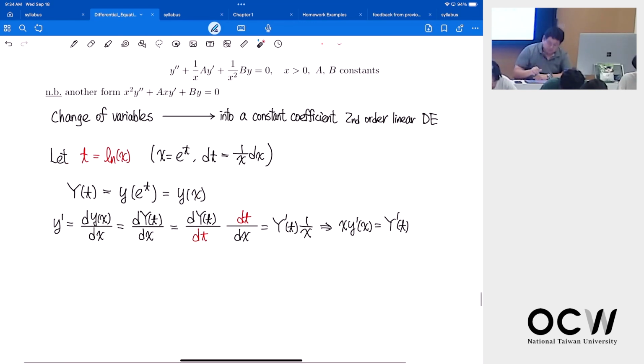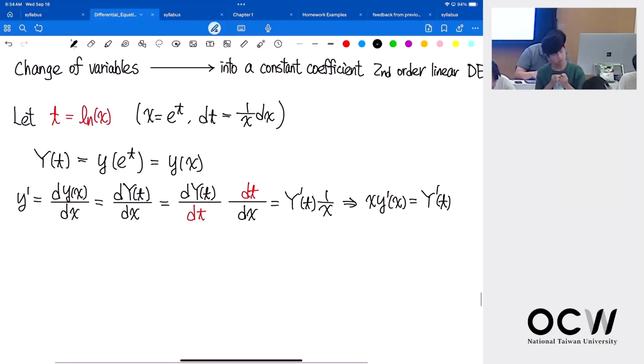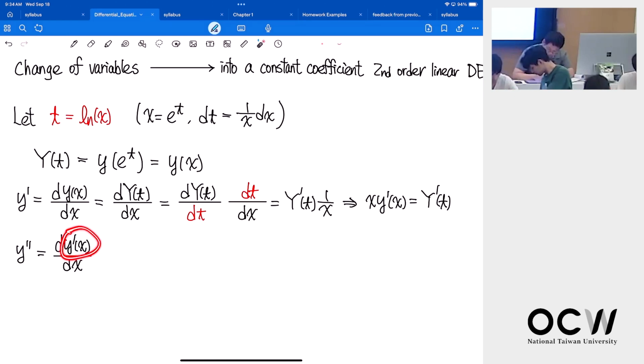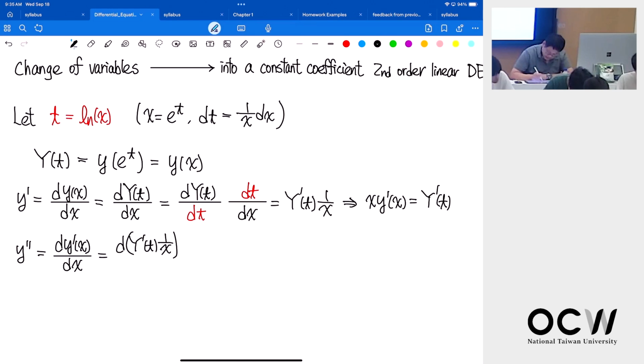Now, let's see y double prime. So y double prime is d y prime over dx. And we just found y prime here. That is capital Y prime times 1 over x, over dx.